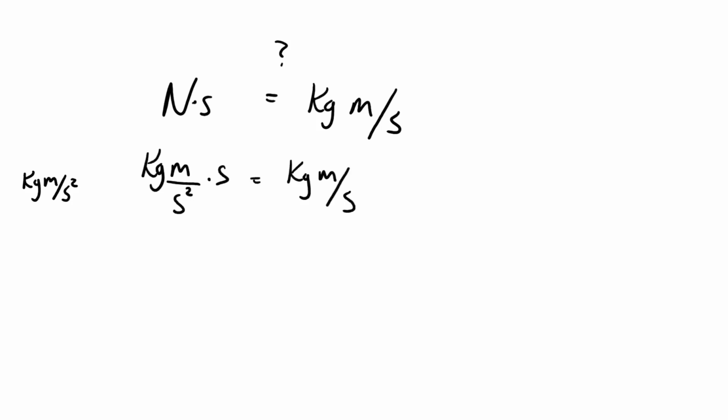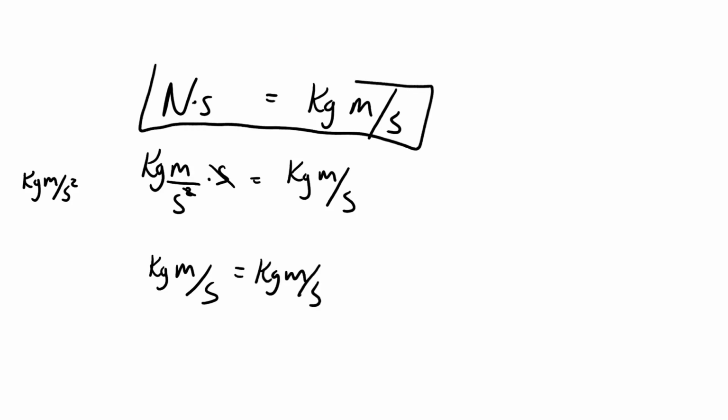Well, if you have a second divided by a second squared, you cancel out one of the seconds. So now we have a kilogram times a meter, all over just 1 second. This has gone away now, and there's only one of those down there. And now we have a kilogram meter per second. So yes, it is true that a Newton second is equal to a kilogram meter per second.